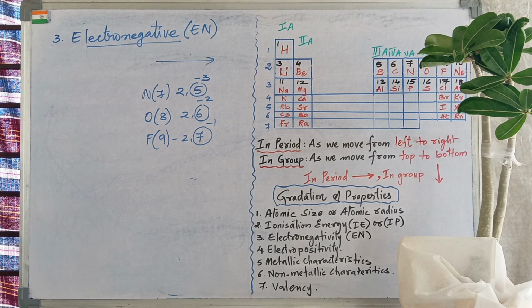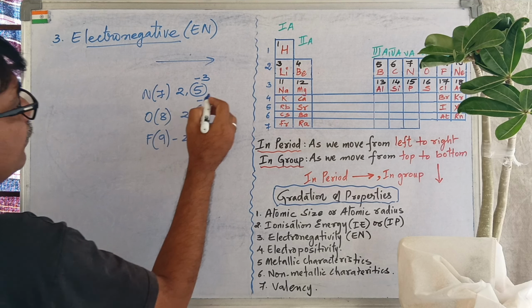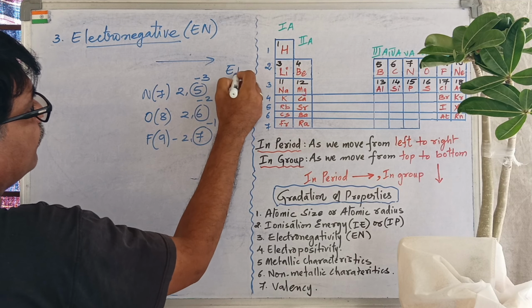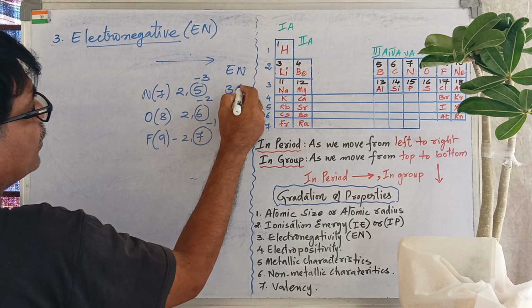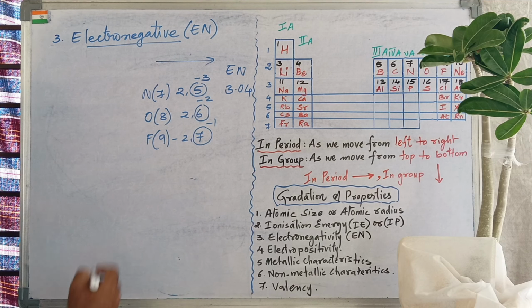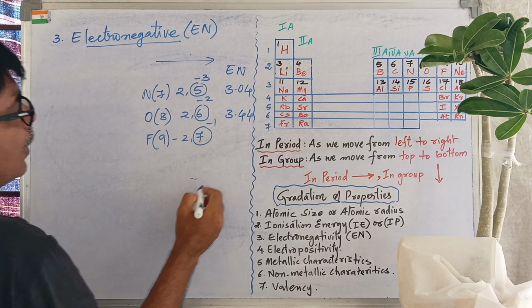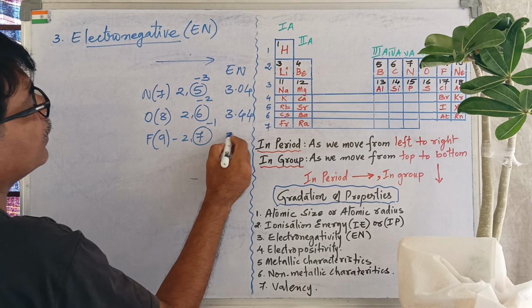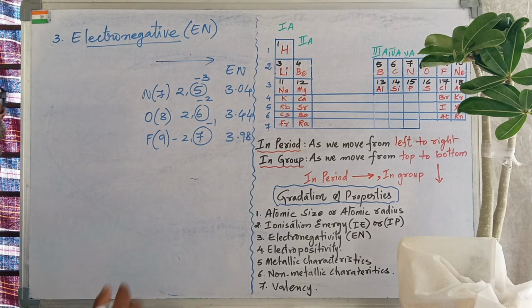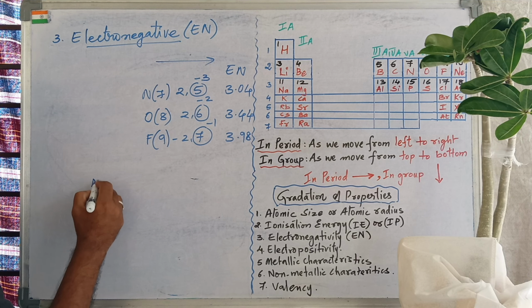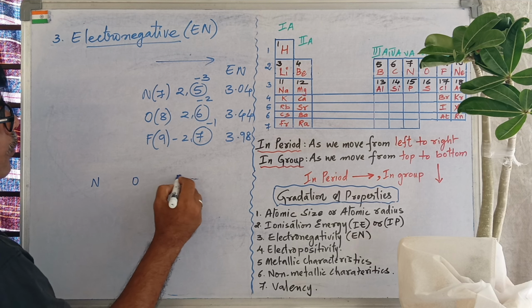So in this way, the electronegativity of nitrogen is 3.04, electronegativity of oxygen is 3.44, and electronegativity of fluorine is 3.98. Now I'll write down in this manner: nitrogen, oxygen, fluorine.